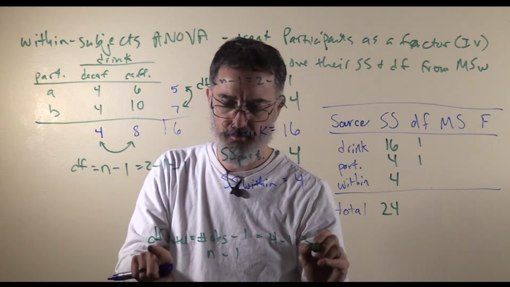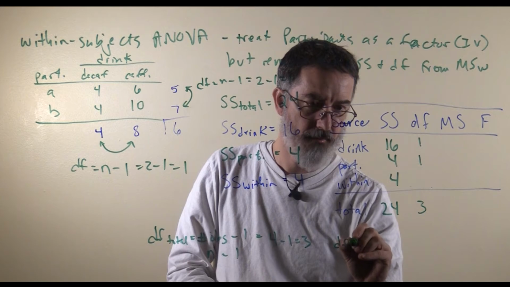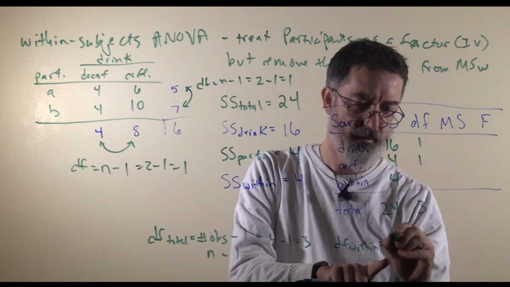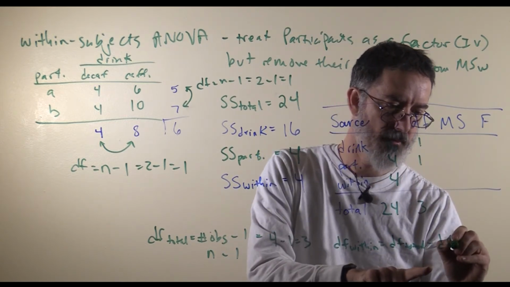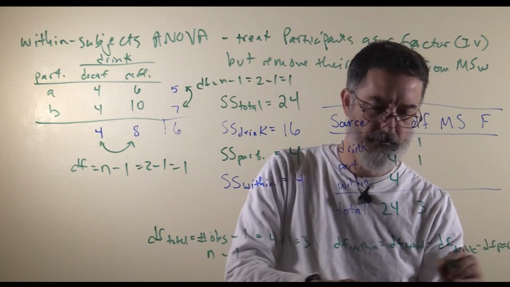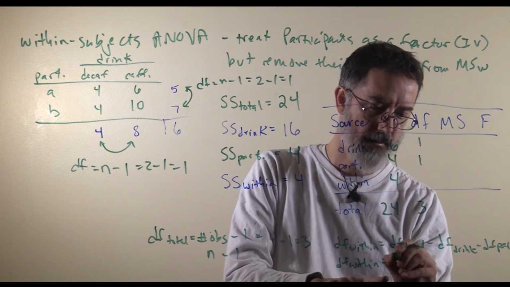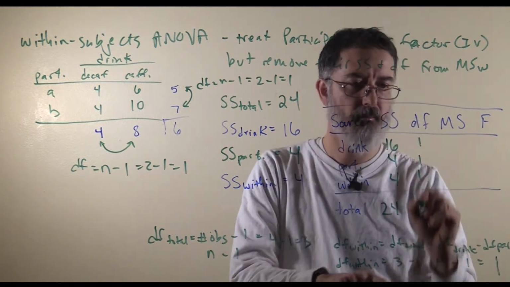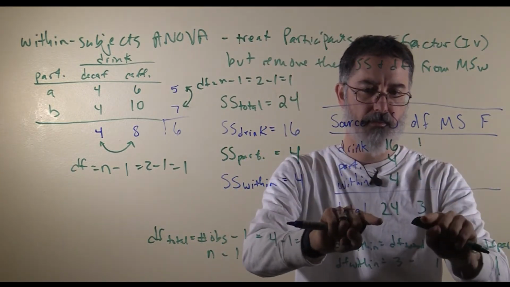So our degrees of freedom total is going to be 3. And then our degrees of freedom within is going to be the degrees of freedom total minus the degrees of freedom for drink minus the degrees of freedom for our participants. So that's 3 minus 1 minus 1 equals 1. So we have 1 degree of freedom there. And as always, all of these have to add up to the total.